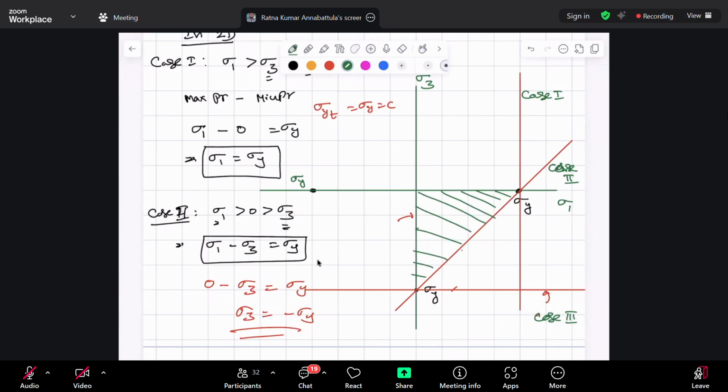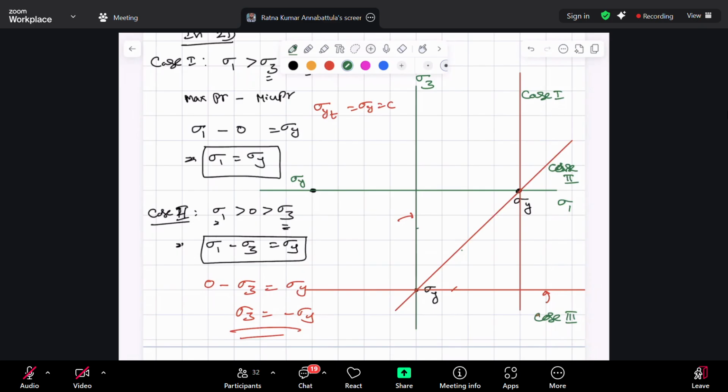This is case 2, case 1, case 3. Right? This is the scenario where sigma 1 is greater than sigma 2 is greater than sigma 3.